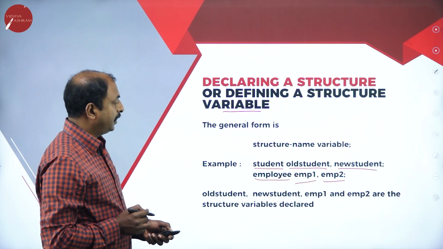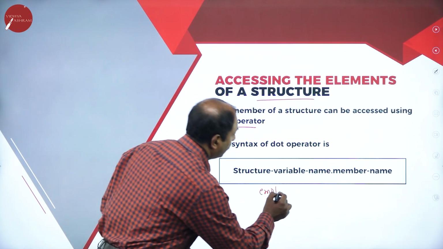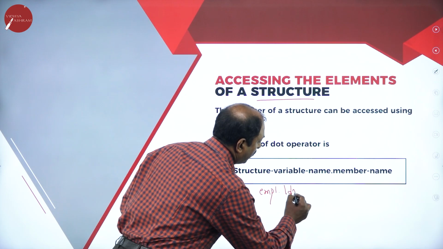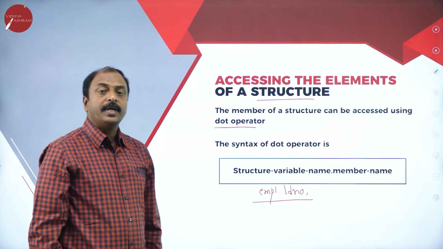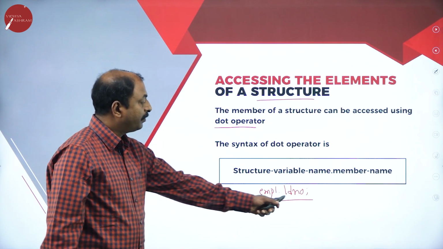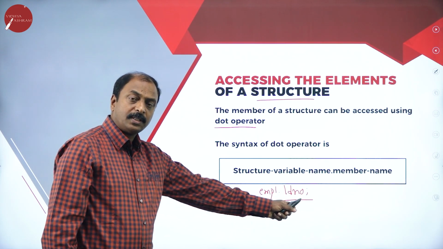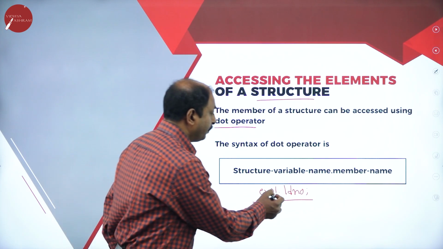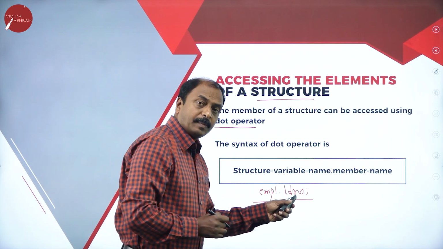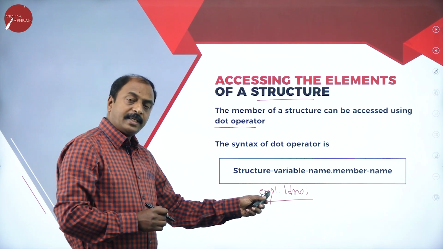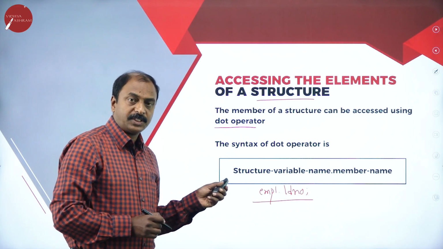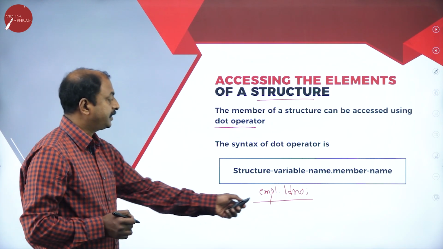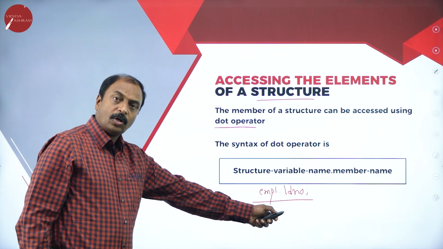So here, EMP1 dot ID number, and semicolon. See, this is how we are accessing the data member of a structure. So in this example, ID number is the data member of a structure, EMP1 is a structure variable, and employee is the name of the structure. So this is how we are accessing the data elements of a structure.